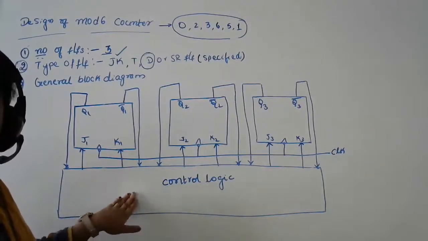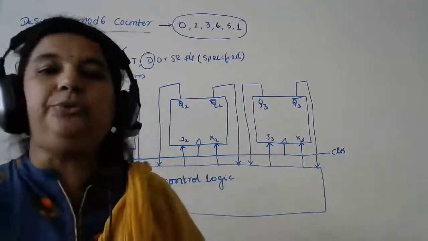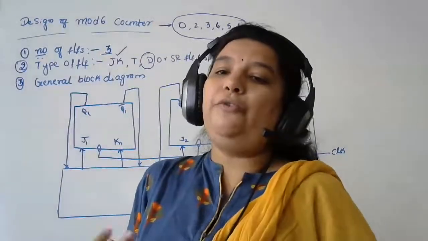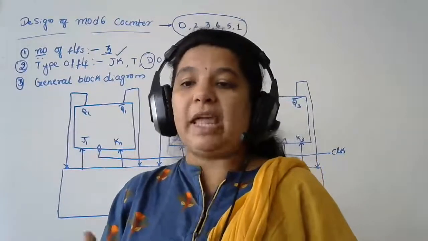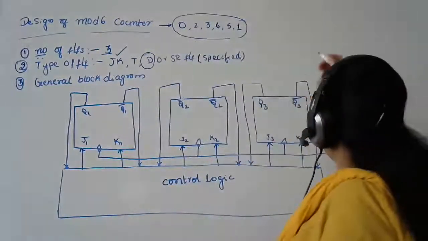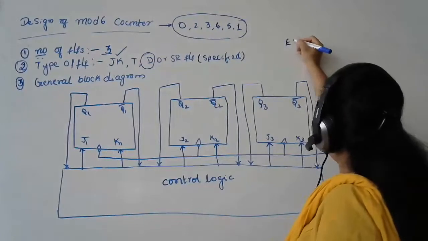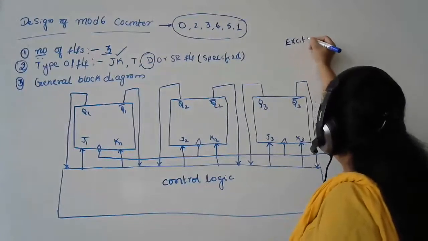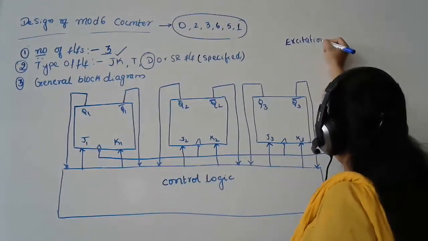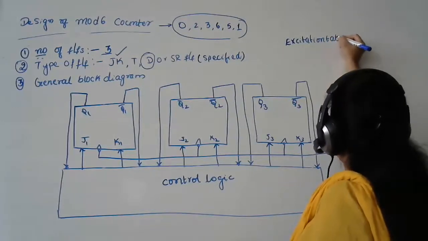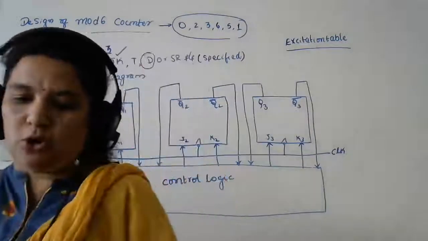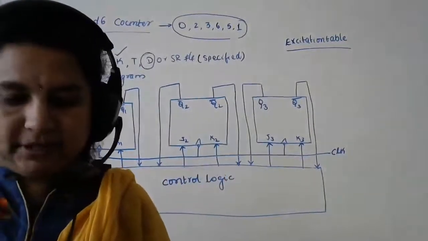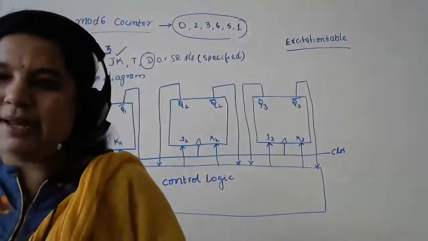In order to design this control logic, we are going to form different types of tables. One is called an excitation table.